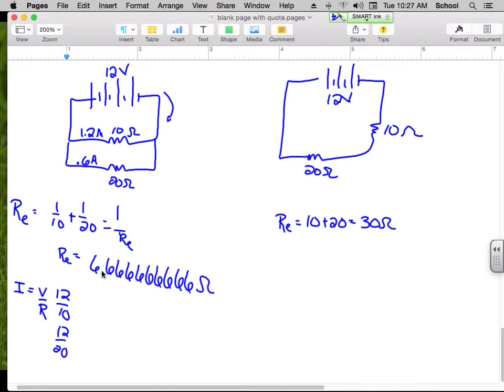If I have 1.2 going through here and 0.6 going through here, it's going to have to pull enough current to go through both. It branches into both, so I just add those two up and I get 1.8 amps.